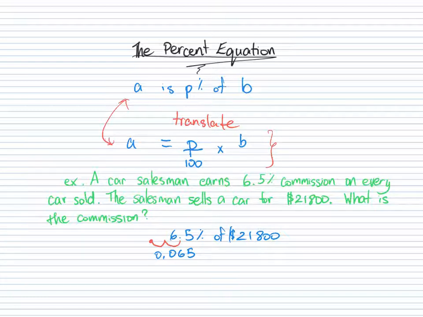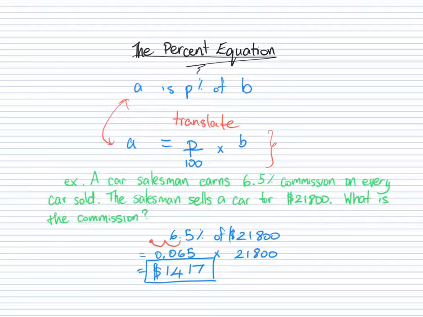Now, whenever we see of, remember that that means that we need to multiply. So 0.065 times 21,800 will give us what is 6.5% of 21,800. So when we work that out, we get $1,417, and that is the amount that the salesperson was paid for his commission. So that's good news for him.